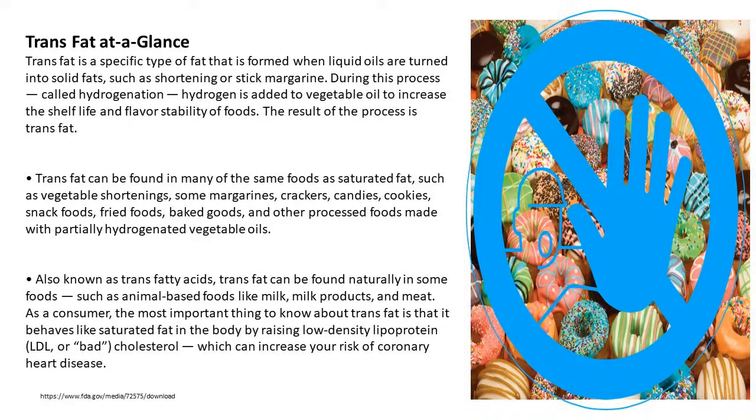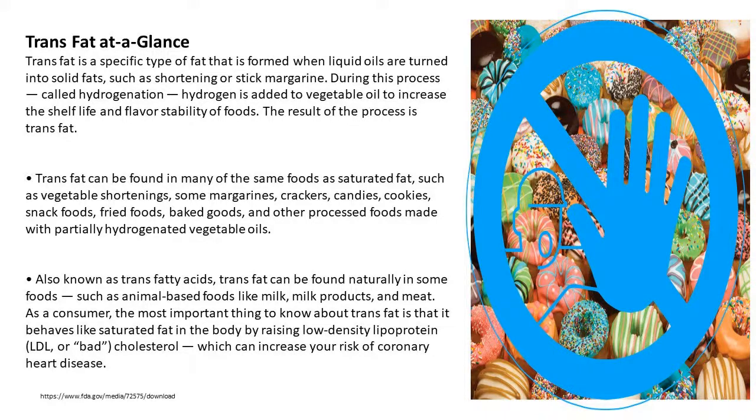So kind of steer away from those, even though it doesn't have enough in there that they have to claim it on the nutrition label. I think it's 0.5 grams and less is not something they have to report. If we're consuming a lot of these things, if you're eating a snack cake one day and a fruit pie the next day and a handful of cookies the day after that, factor that in with what we're getting from the ones that are naturally occurring in some of the animal-based fat foods, we can still be getting quite a bit of trans fats in our diet.